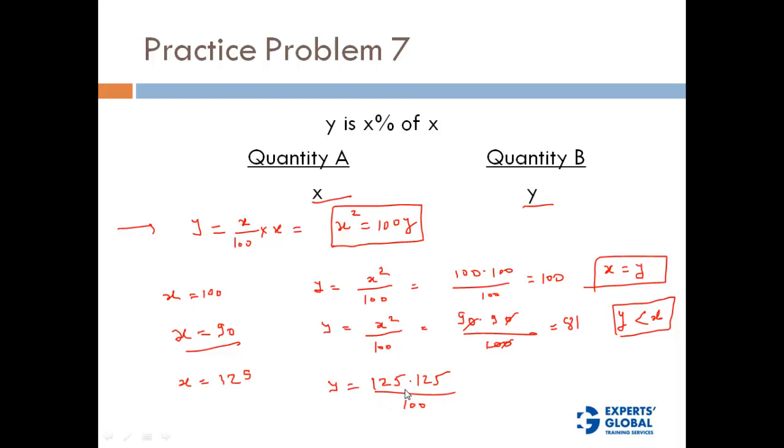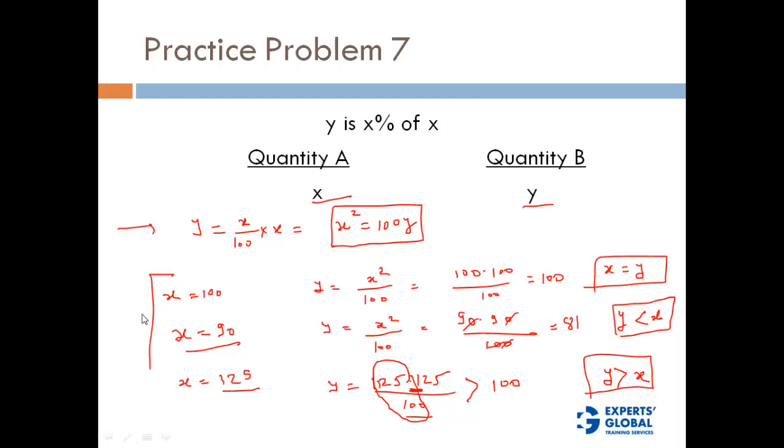Now you will see that this 125 into 125, or for that matter any value greater than 100 that you take, divided by 100, this is always going to be greater than 100. Correct? Because this number itself is going to give you 1 point something, and then 1 point something multiplied by a positive number. So this number is always going to give you a value greater than 100. That means in this case y is going to be greater than x.